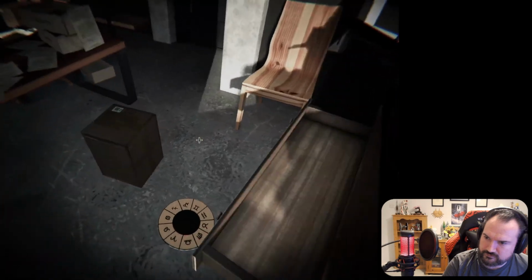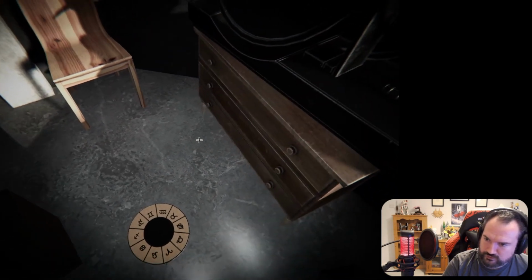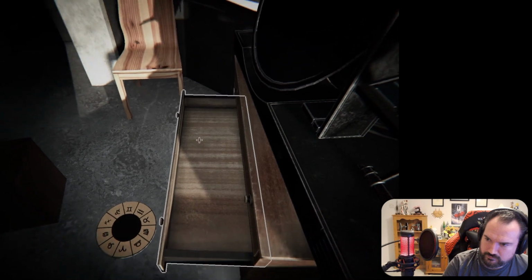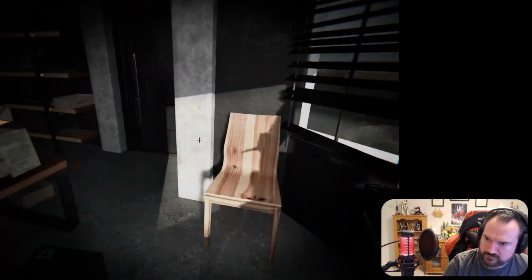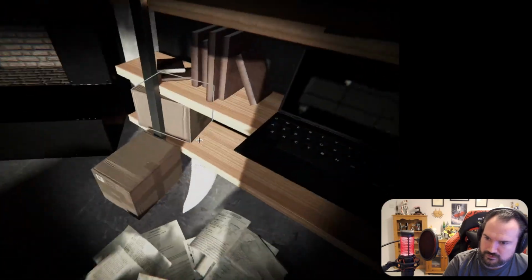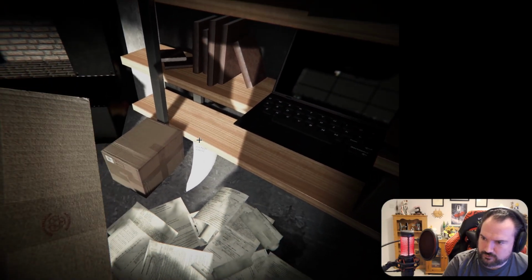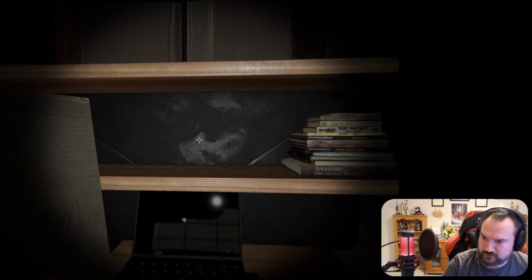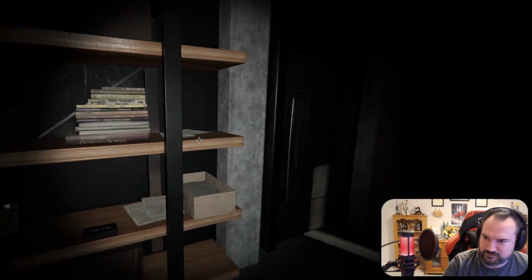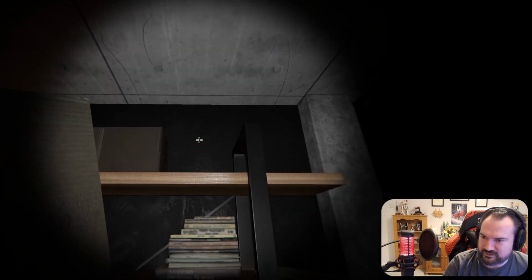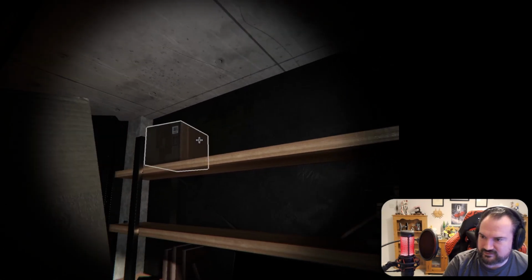Okay. So these drawers all have nothing. Right, we're pretty happy on that point. That chair is not available. I mean, maybe we're trying to find the USB stick somewhere, but nah, it's not going to be hidden behind a box, is it?